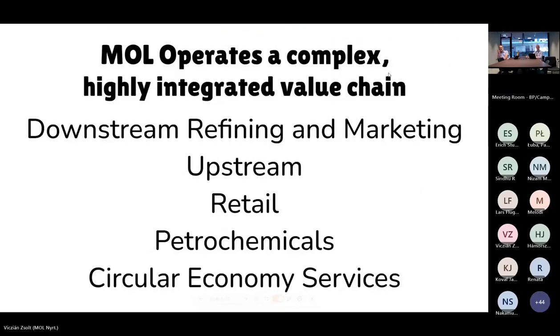Now, MOL operates a complex and highly integrated value chain, from upstream to downstream refining, petrochemicals, retail, and recently we initiated our circular economy services business, which is a completely new animal. It's about communal waste management and, of course, all sorts of recycling, including, for example, plastic recycling, but others as well.